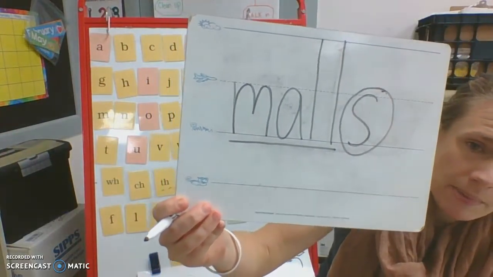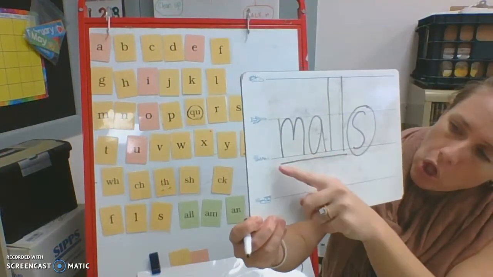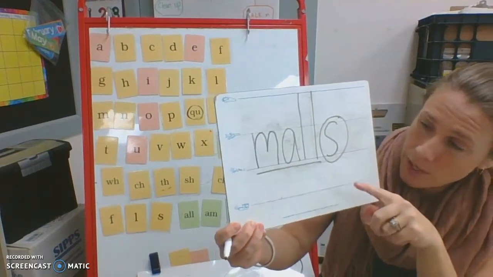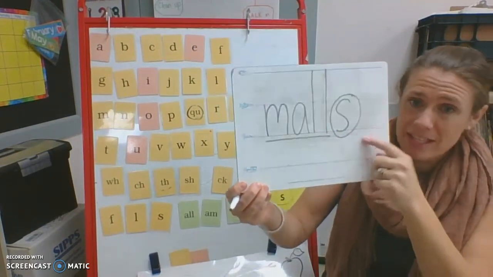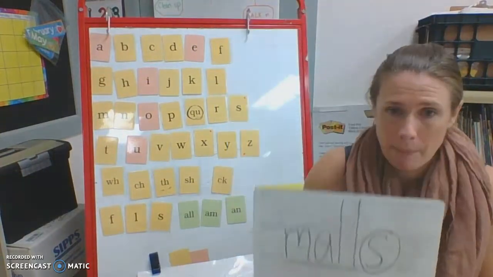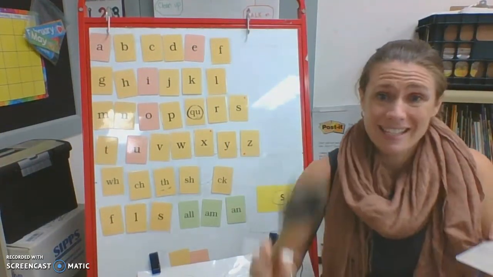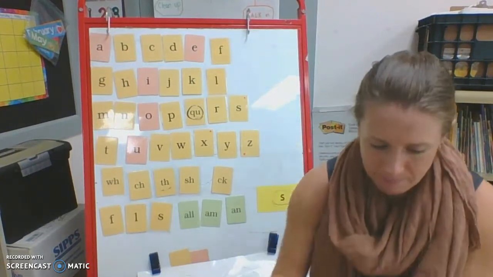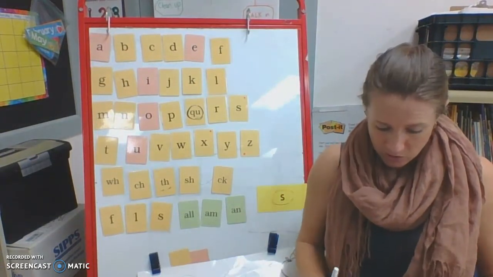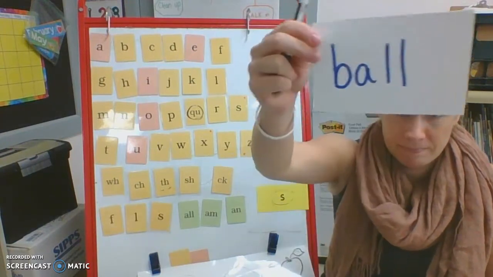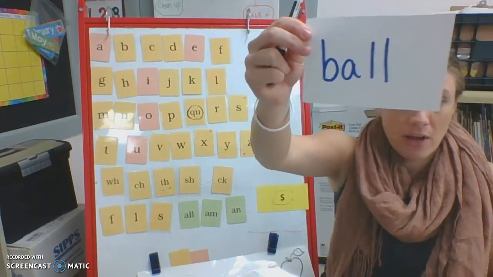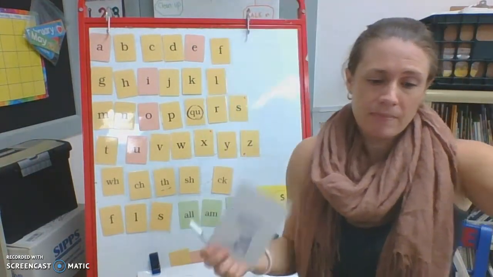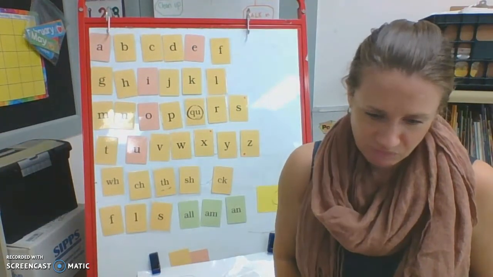And read it to me. What's the base word? Mall. Malls. Remember, we always read the base word first and then the suffix. Malls. Let's erase. And we have a few more words in our game. Suffix or no suffix? No suffix. What's the word? Ball. Very nice.